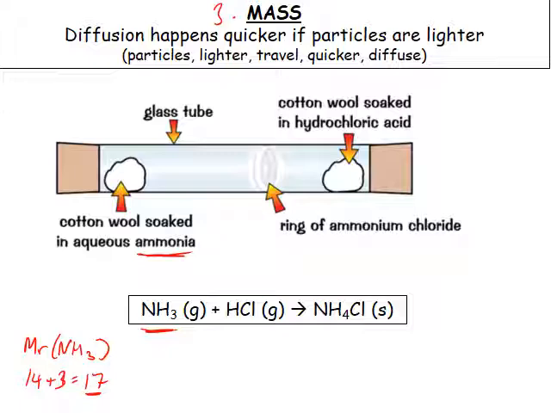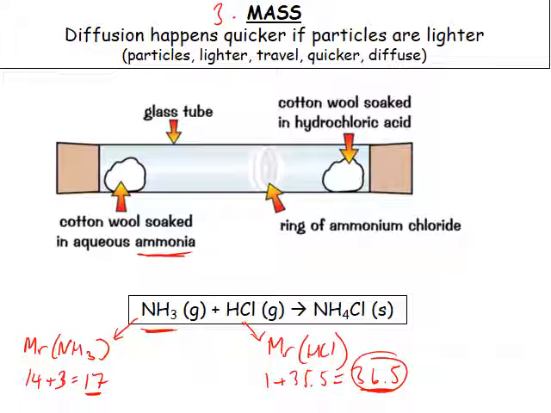That's the mass of one molecule of ammonia. Then the Mr of hydrochloric acid is 1 plus 35.5. You can just look at the molecular masses in the periodic table. That equals 36.5. So you can see that hydrochloric acid particles are heavier, therefore they're going to move slower.